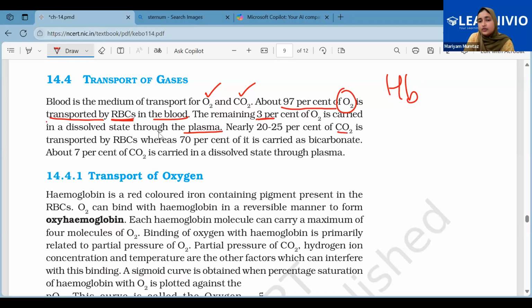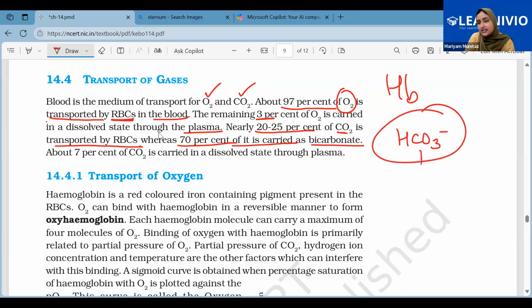But talking about CO2, 20 to 25% of CO2 is transported by RBC, meaning the hemoglobin. 70% of it is carried in the form of bicarbonate ion, HCO3 minus, because it has CO2 in it, isn't it? And 7% is carried in a dissolved state through plasma. So this is how the gases have different mediums to be carried in.